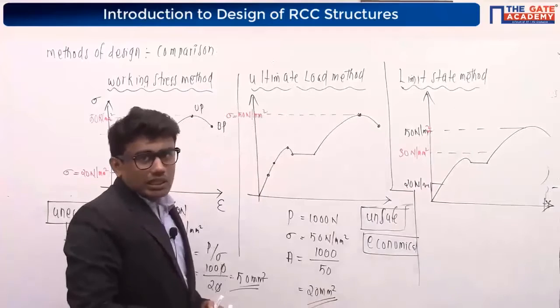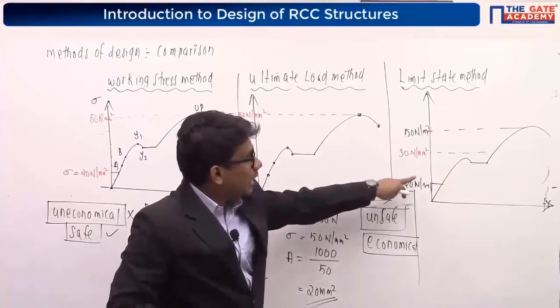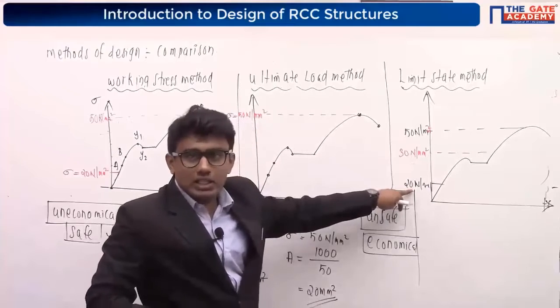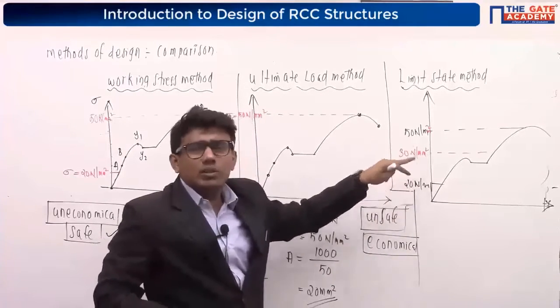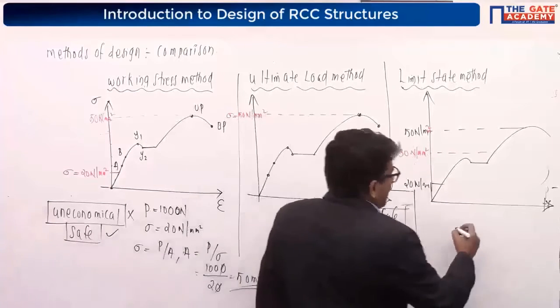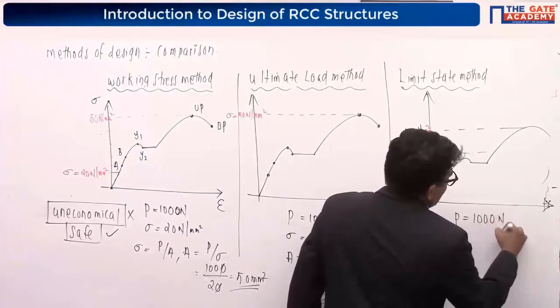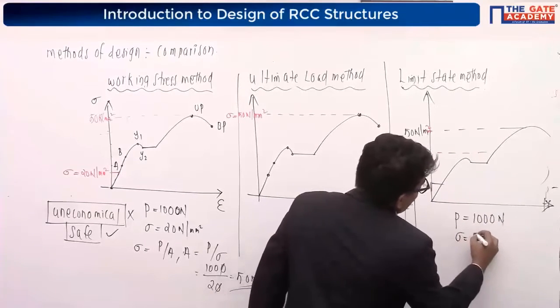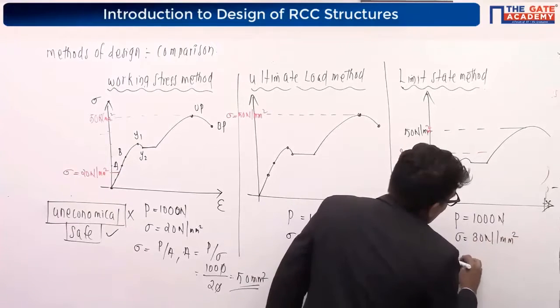In limit state method, I will be taking a stress value between this ultimate stress value and our linear elastic value. I am taking it around 30 Newton per mm square. The mild steel bar has to take the same load, that is 1000 Newton. Stress value here taken is around 30 Newton per mm square. What is the area required here?